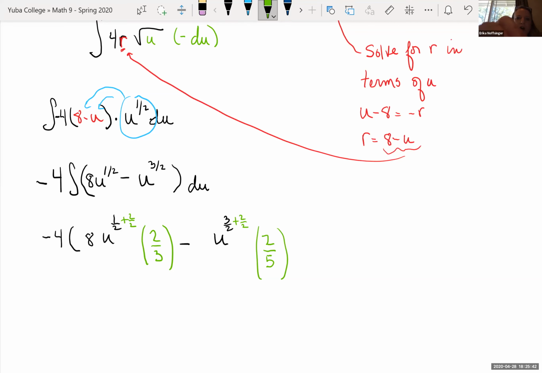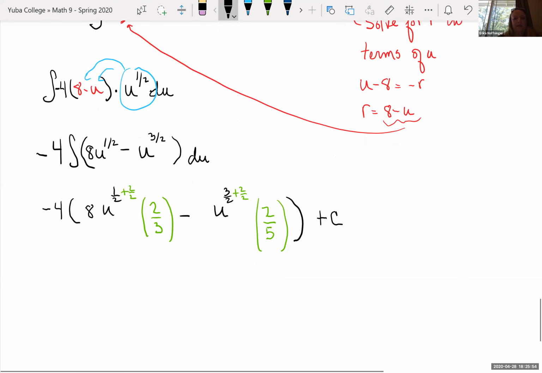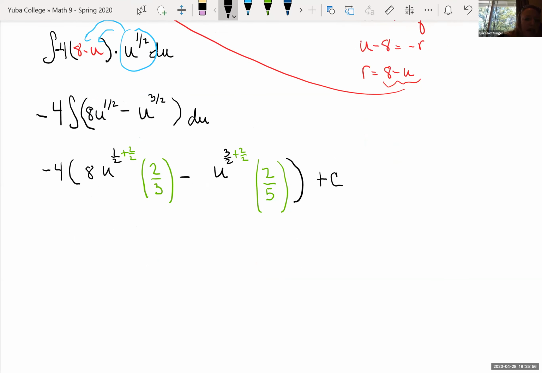Actually, let's close off the parentheses. We could distribute the negative 4 to the constant c, but then we still have a constant c, so it doesn't matter. I just pull it out there. So we have negative 4 all times, and nothing simplifies here with the numerator and denominator. When multiplying fractions, you multiply the numerators, so 8 times 2 gives me 16 all over 1 times 3.